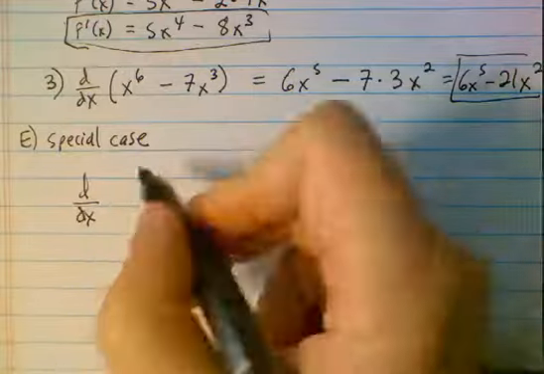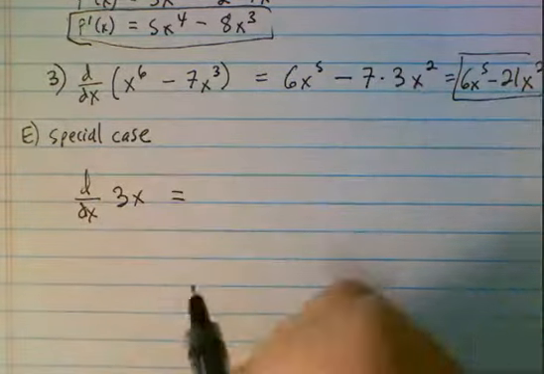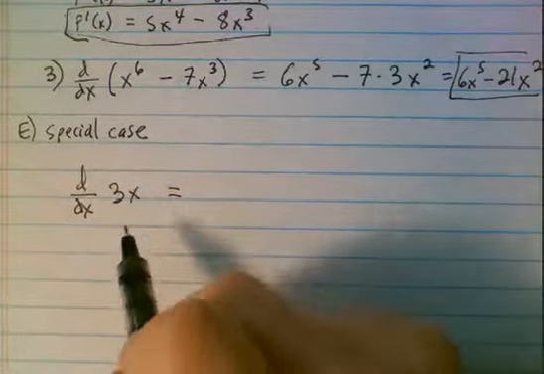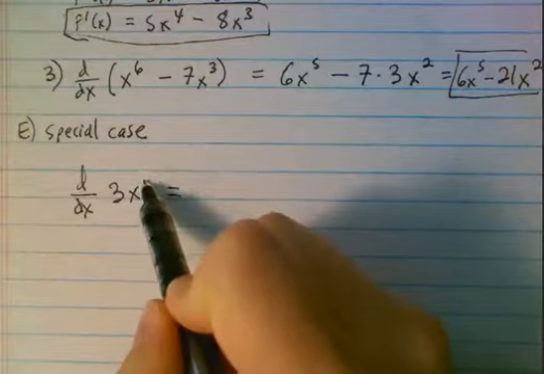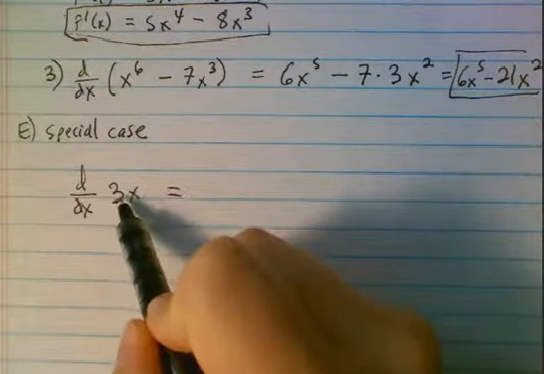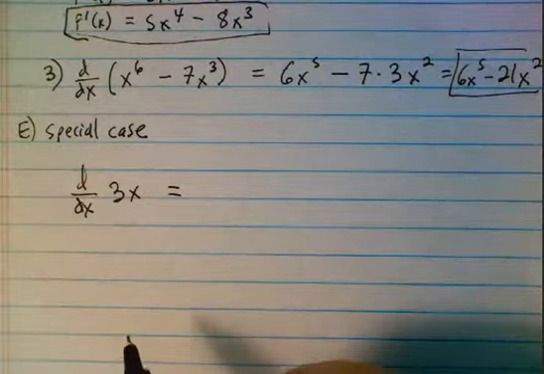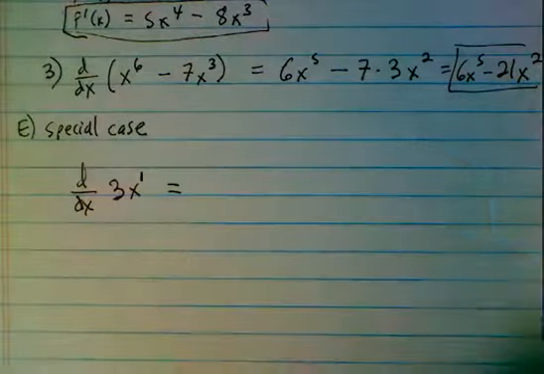We're told to take the derivative of 3x. Now, we know that our power rule is to bring down the exponent, and then subtract 1. But right here, we don't see an exponent. The thing to remember is that this is an invisible 1.